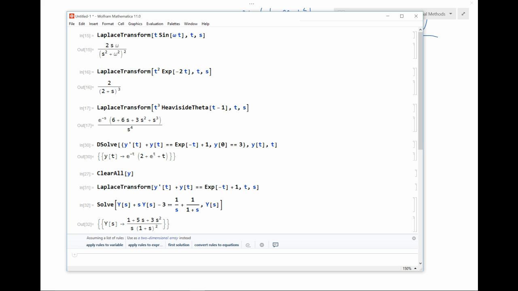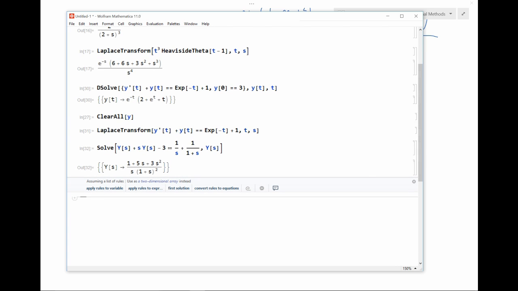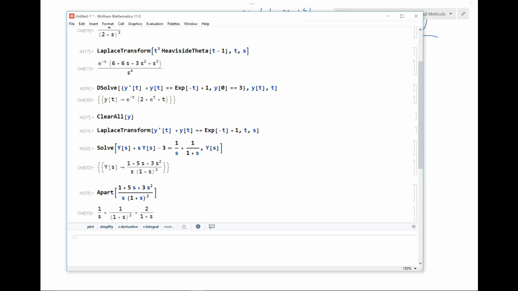This Laplace transform looks a little bit unfamiliar because we didn't do the grouping of the terms and Mathematica did it for us. So let's see what kind of simple fractions this big fraction can be broken into. Mathematica has an Apart command that does a partial fraction decomposition. And it looks a little bit different as well. Well, that's only because we didn't do the grouping of the terms.